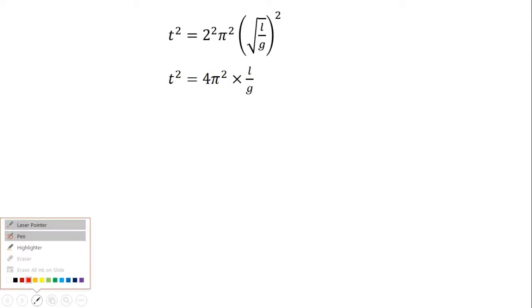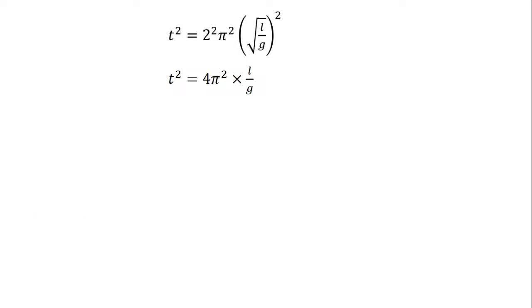We also know from indices that whenever you have a number or a variable under a square root sign, let's say the square root of a, and you square this, the square will cancel the square root sign to give you a.